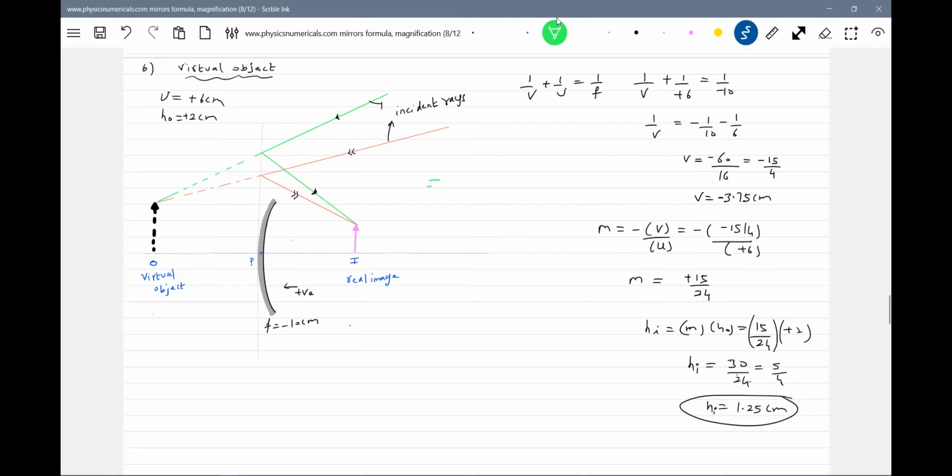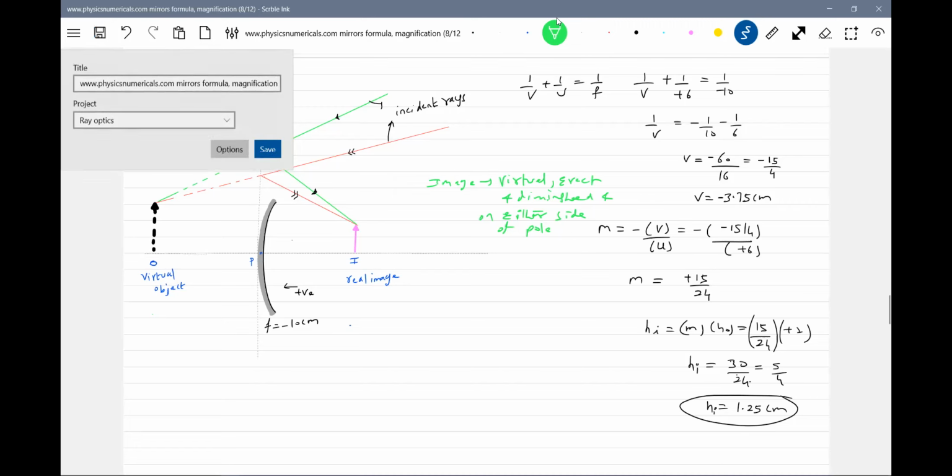The image will be virtual, erect, diminished, and on either side of the pole, or between pole and focus. Better not try that one; better select on either side of the pole.